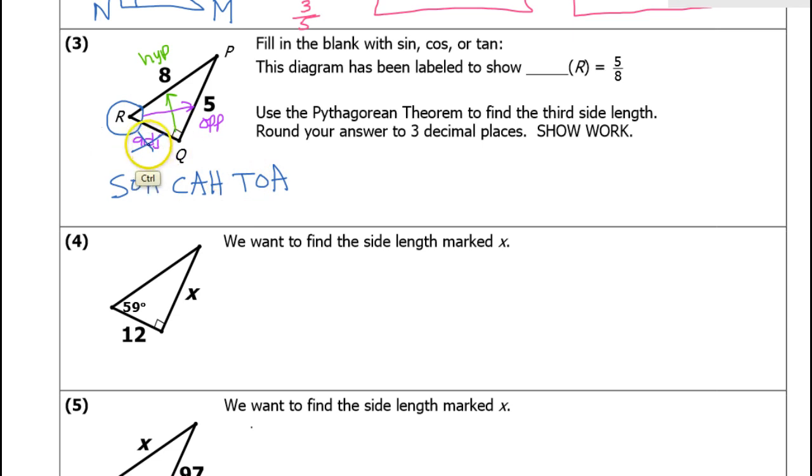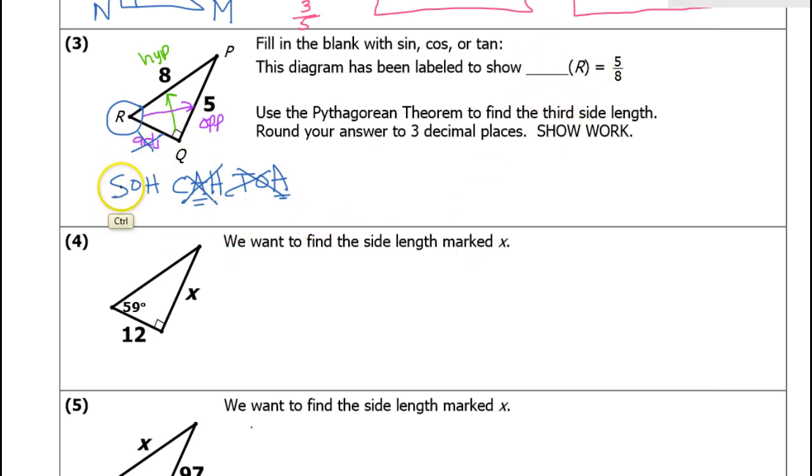The adjacent leg is the one leg that we do not have. So notice the two functions that involve the adjacent leg, cosine and tangent. So I'm going to have to throw those out because they both involve something that we don't have, and we're trying to set up this trig function.